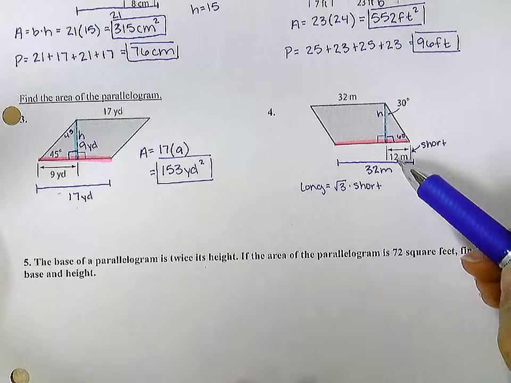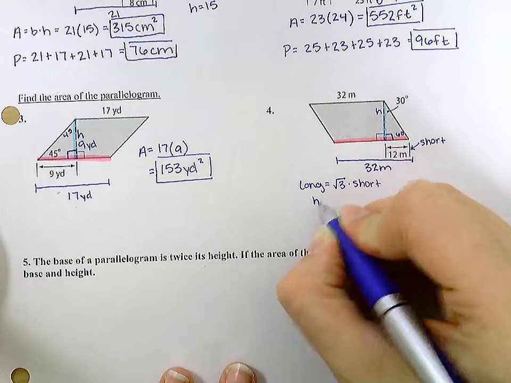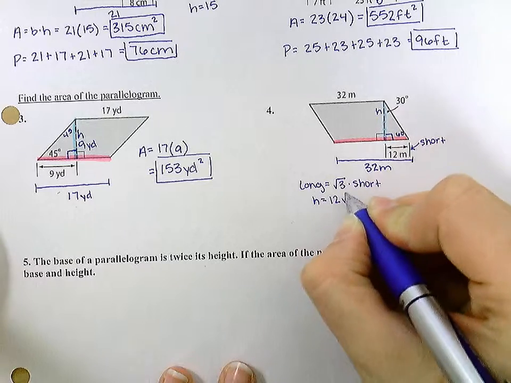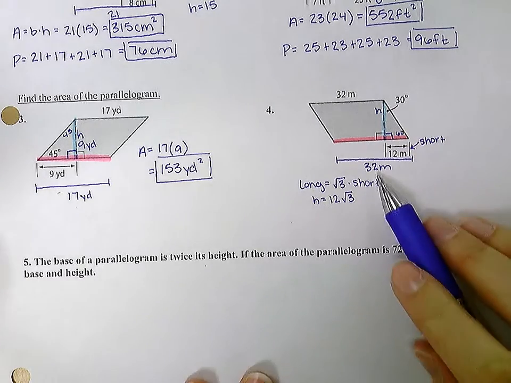So all I have to do is plug in 12 for the short side. 20.7846096. So our long side, or H, is equal to 12 times the square root of 3. That's your height.